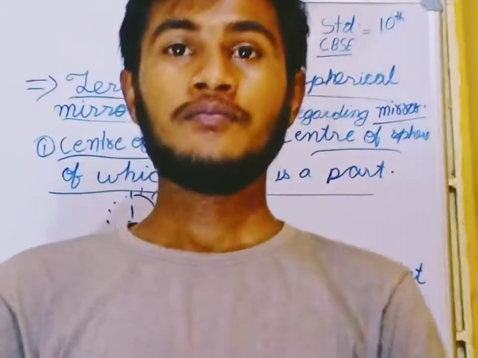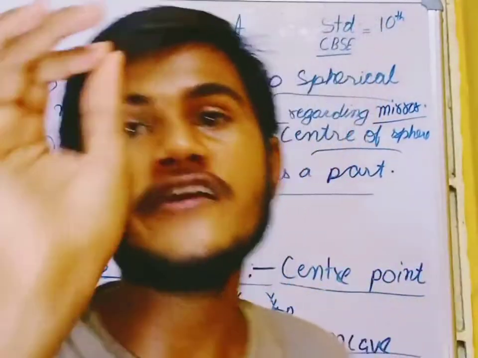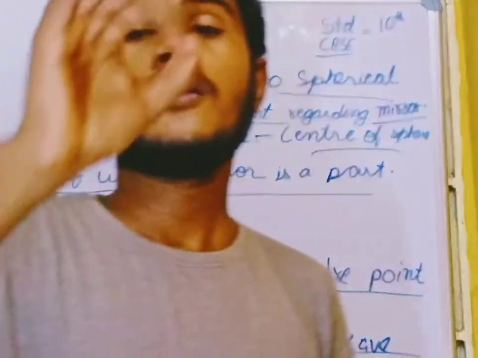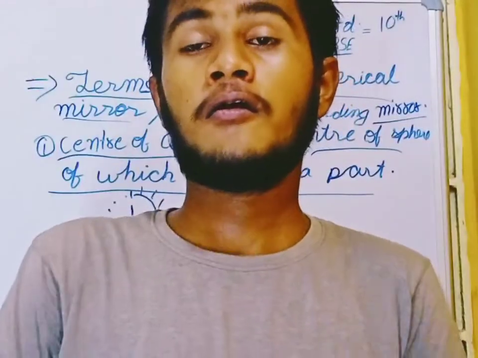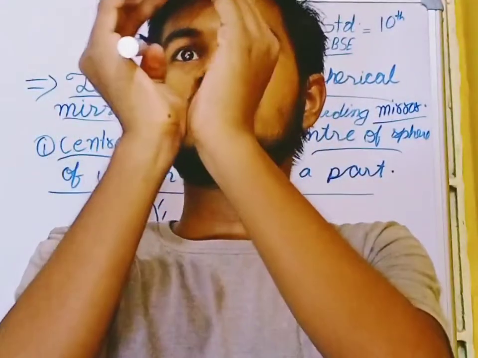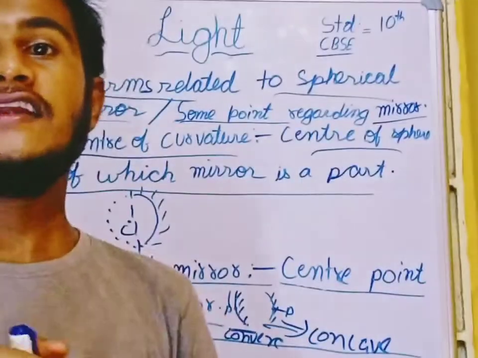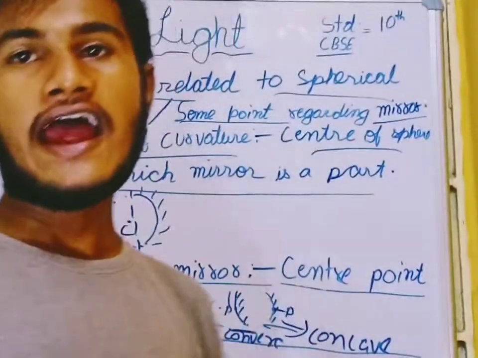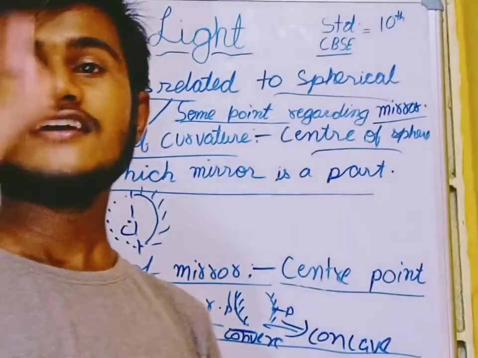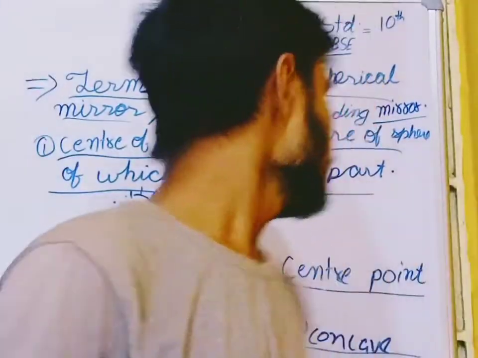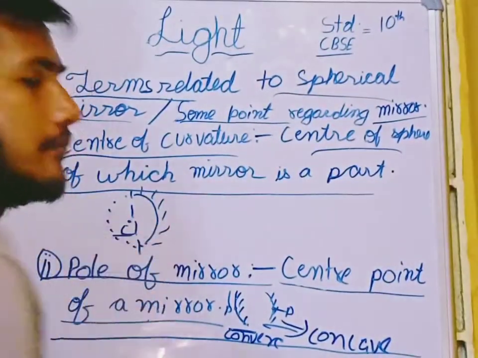It is the center of a sphere of which a mirror is a part. It is a sphere, and mirror is a part of a sphere, and a sphere has a center, and that center is known as center of curvature, which is denoted by letter C.